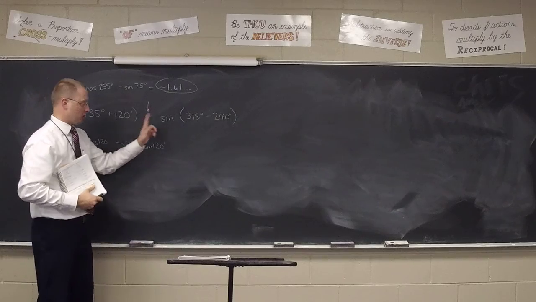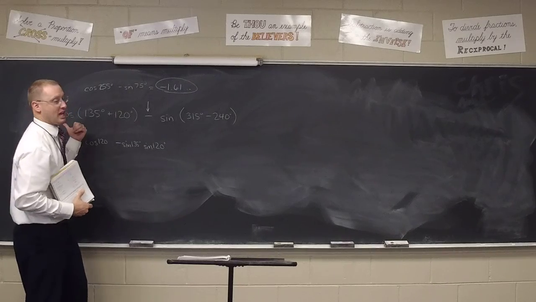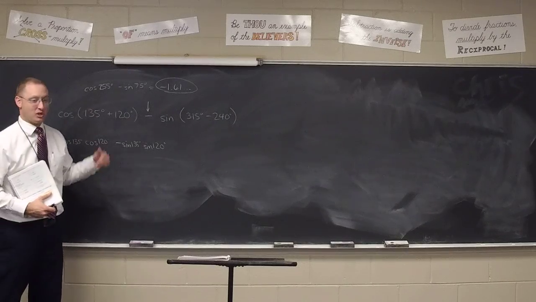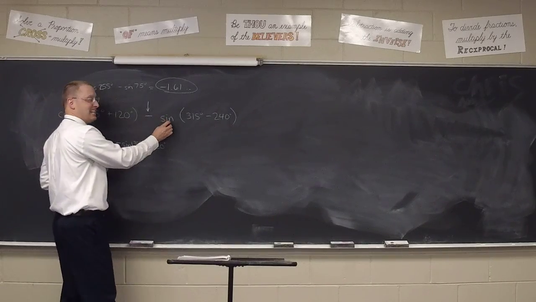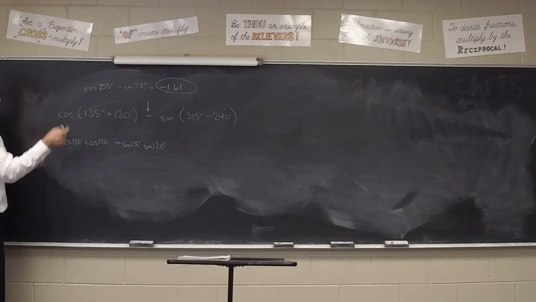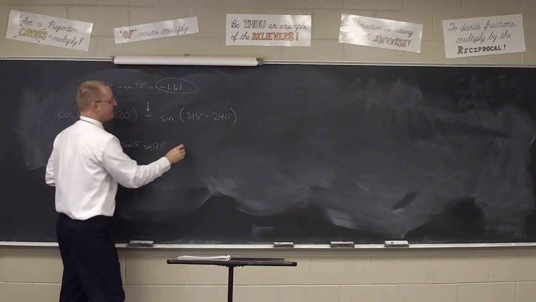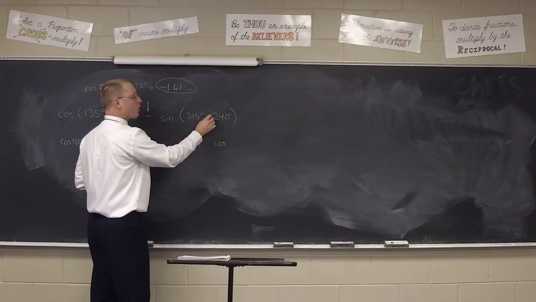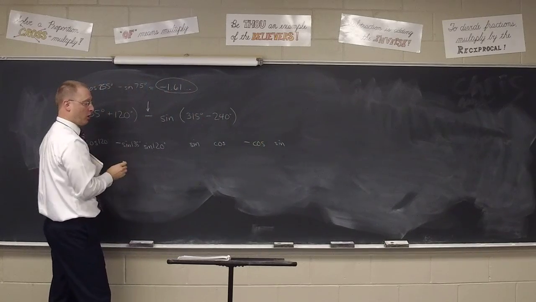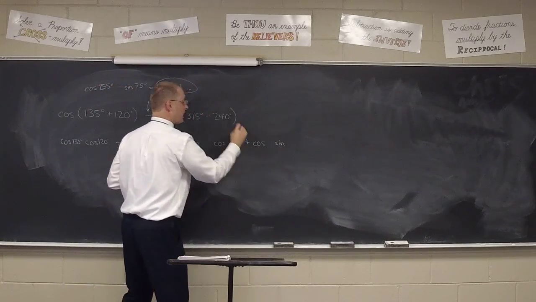Now, normally for sine, sum difference, we would do sine, cosine, cosine, sine. So for cosine, it's cosine, cosine, sine, sine, but for sine, it's sine, cosine, cosine, sine. So we put sine, cosine. Normally, we would keep this minus cosine, sine. But there's a negative in front of all of it, so it's going to make all of this negative and this positive. Make sense?